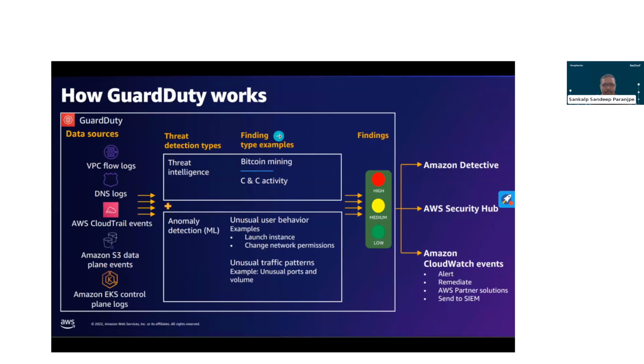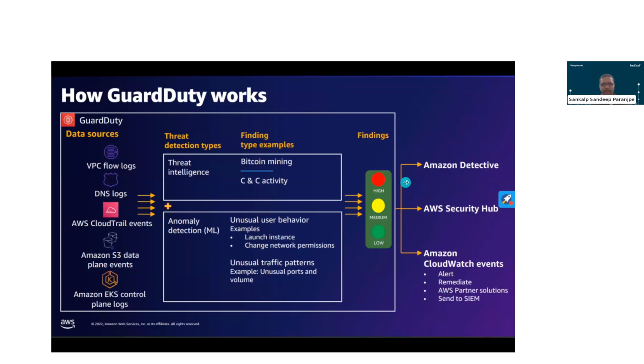As we can see, some of the finding types are mentioned: Bitcoin mining, command and control activity that might be happening in the container, unusual behavior, or malware attacks, which we discussed in the previous slide. It will intelligently detect the threats. Then it will assign a high, medium, or low severity.